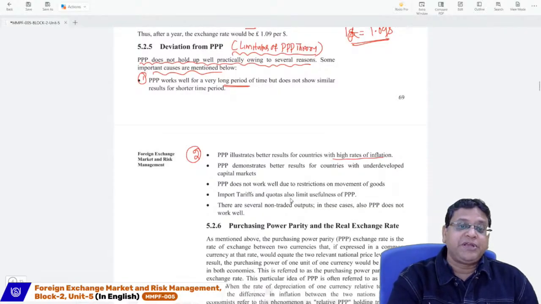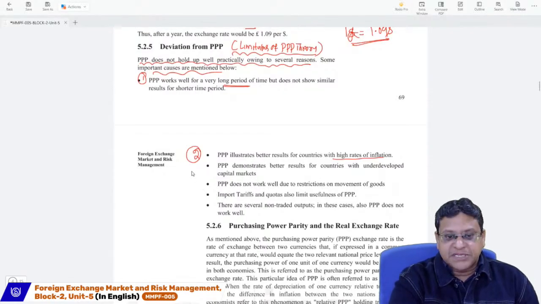In case of a short period, PPP theory does not work well. Second, PPP illustrates a better result for countries with a high rate of inflation.